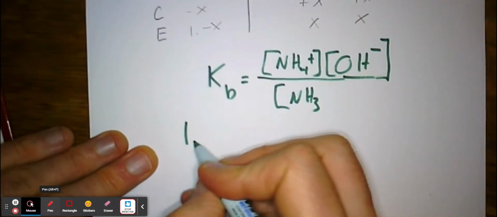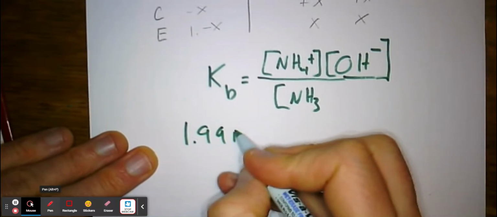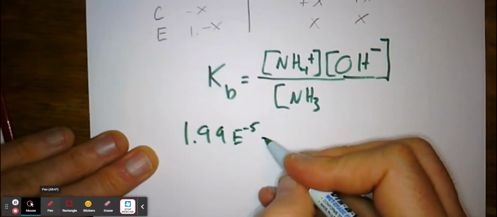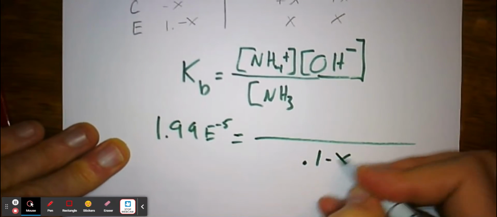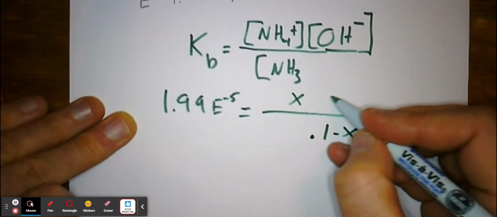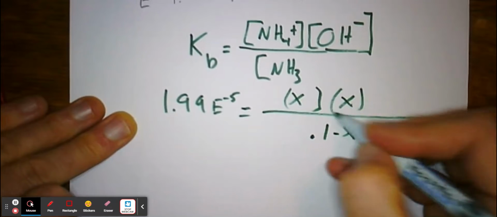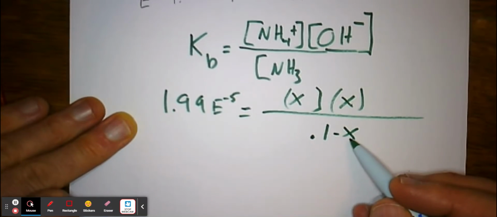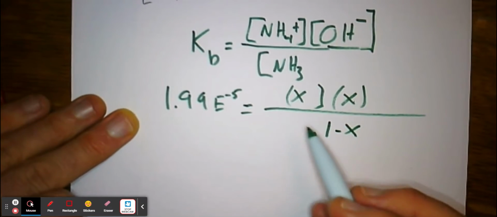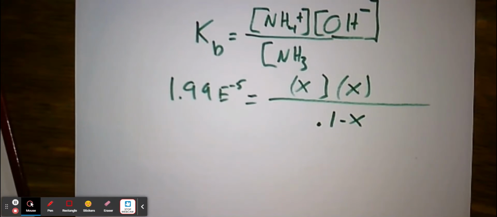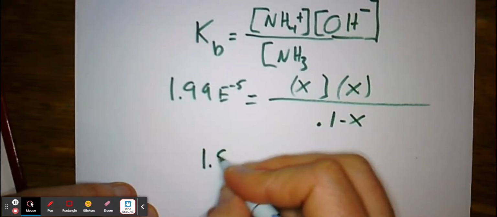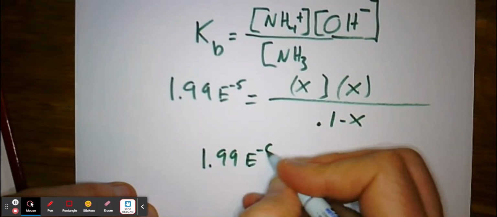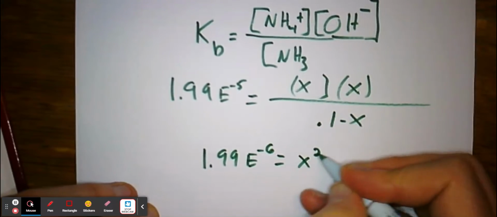So 1.99 e to the negative fifth equals x times x over 0.1 minus x. Here I'm going to neglect the x, because AP is not going to have you do those kinds of equations. So I multiply both sides by 0.1 and I get 1.99 e to the negative sixth equals x squared.